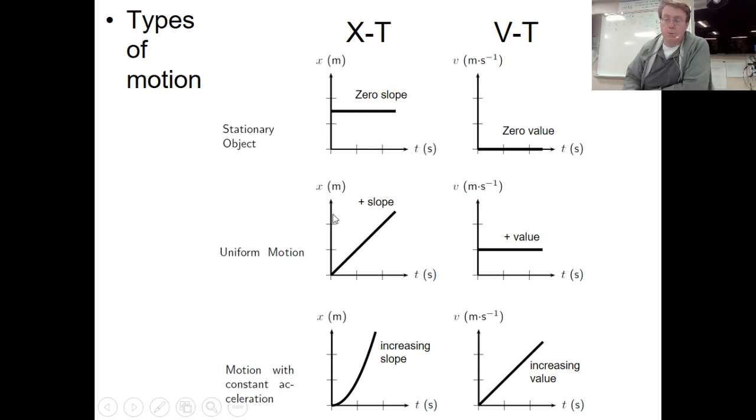Now the next type of motion, and this is part of this unit, is if we do have a constant velocity other than 0. In that case, you'd have a sloped line. It would still be a line, it would just have a slope to it. And the equation for this line is position equals velocity times time plus initial position, which is y equals mx plus b.